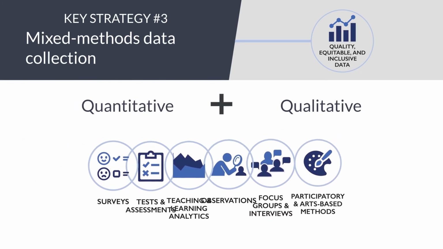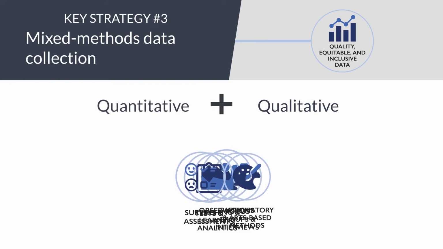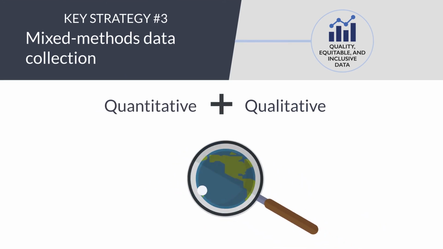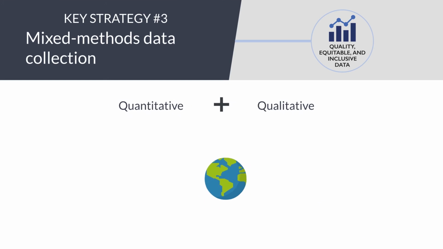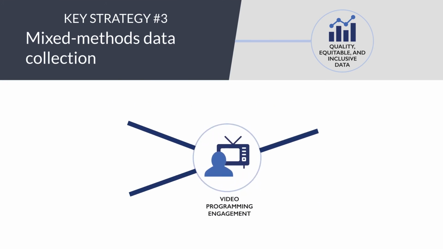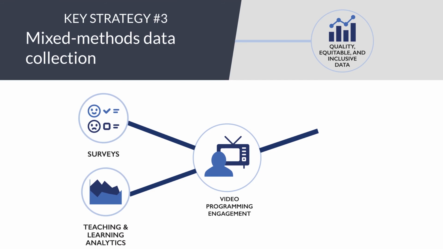Combining quantitative and qualitative methods allows for deeper analysis and provides greater opportunity to measure intended and unintended reach, engagement, and outcomes. One example of using mixed methods for measuring engagement in video programming is combining surveys and learning analytics data with focus groups and voice commentaries.